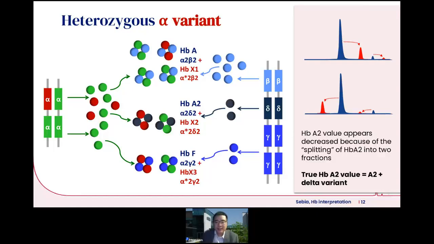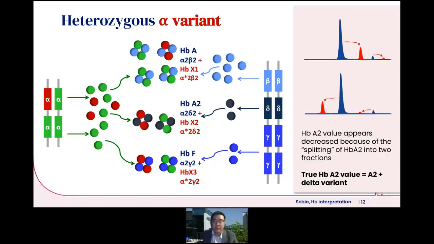So once again, the exact shifting of the peaks depends on the change that's done to the variant, depending on the chemistry of the resulting hemoglobin, and that would affect where it shifts to. But when you see multiple peaks, it's important to always think of the possibility of an alpha variant happening. And the same principle also applies if you need to look at your hemoglobin A2 and use it for diagnosis of other conditions.